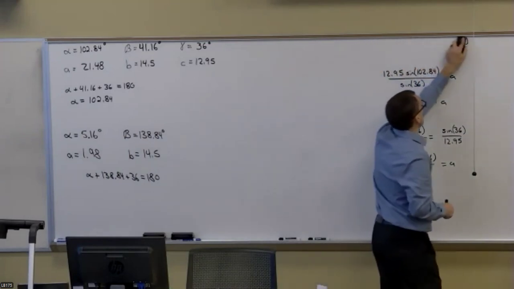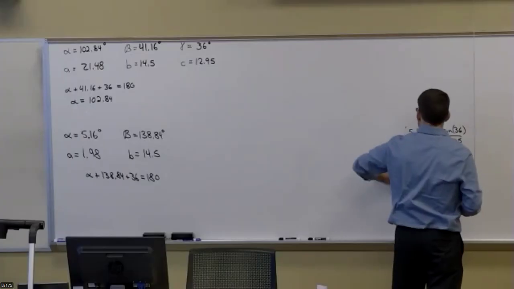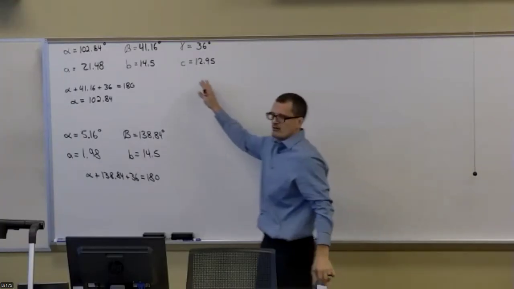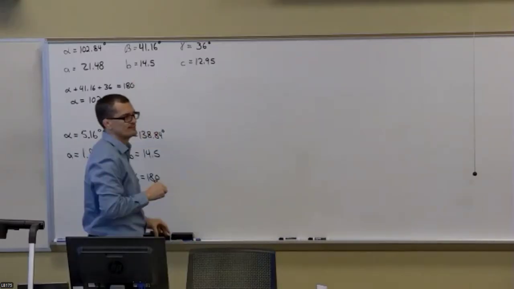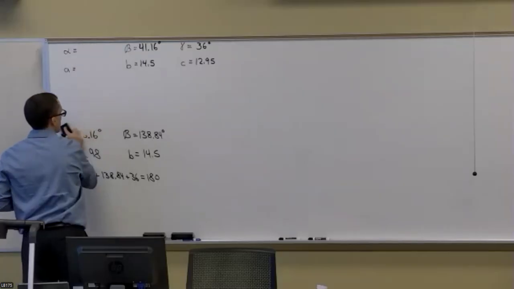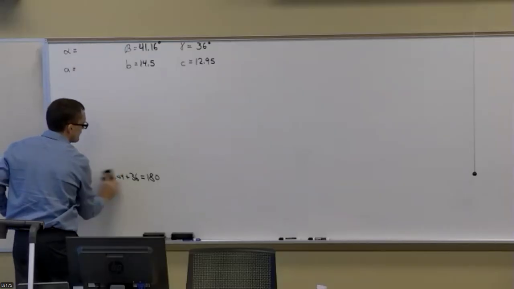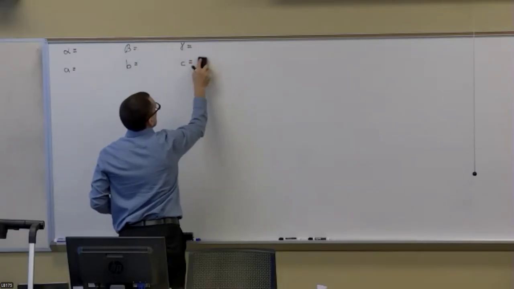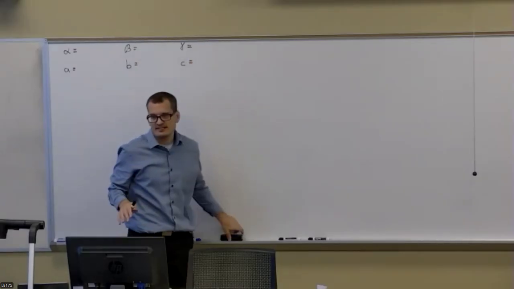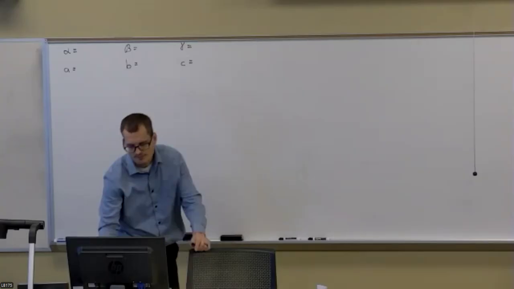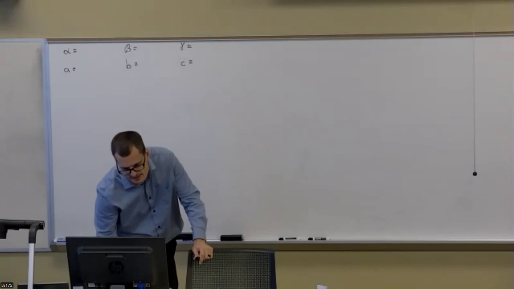Now, so far, I've always given numerical values that work out and make sense. There are certain triples that won't make sense, and that can be illustrated in this next problem.